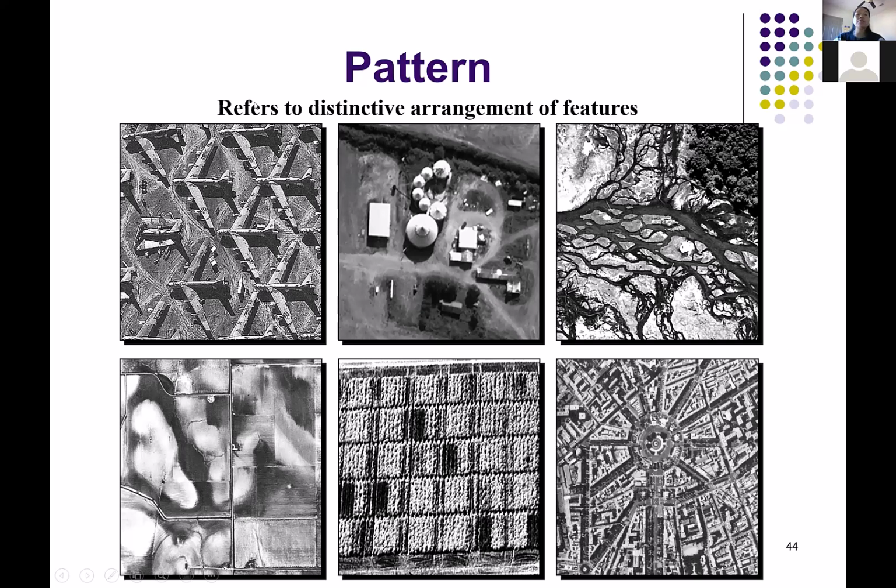And also different patterns. Pattern refers to a distinctive arrangement of features, like this kind of pattern. You see this airplane field, and this one here looks like a farmland with different arrangements of the storage units, and the water river system has a completely different kind of pattern.